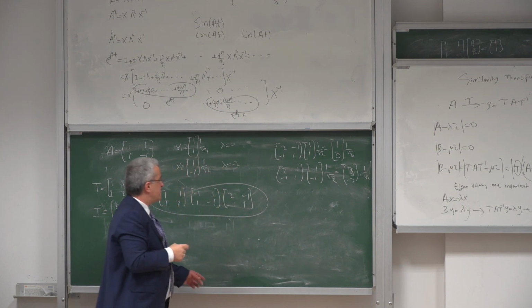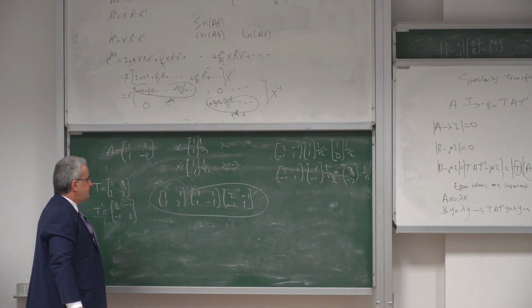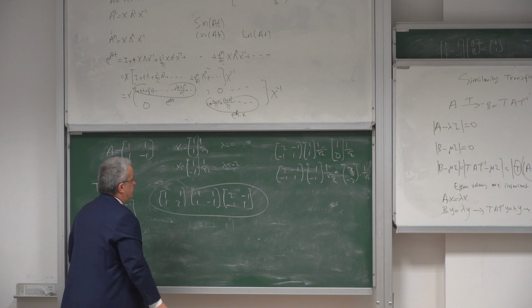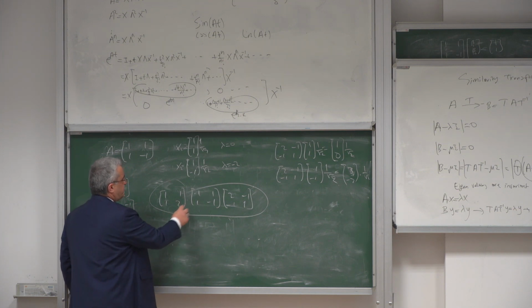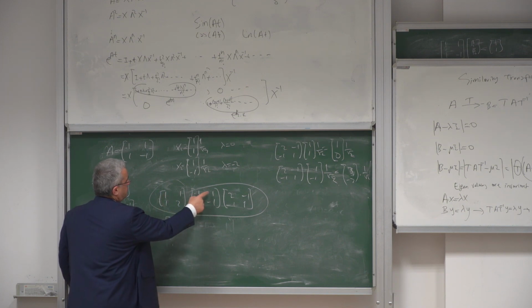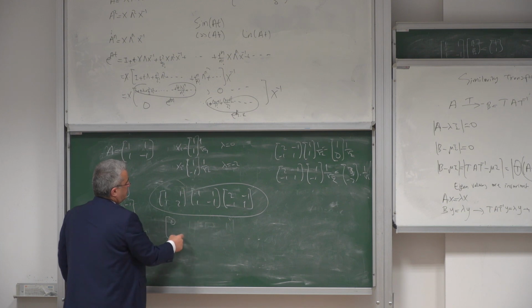Okay? Let's multiply this out. So this is minus 1 plus 1, this is 0, 1 and minus 1, this is 0, right?